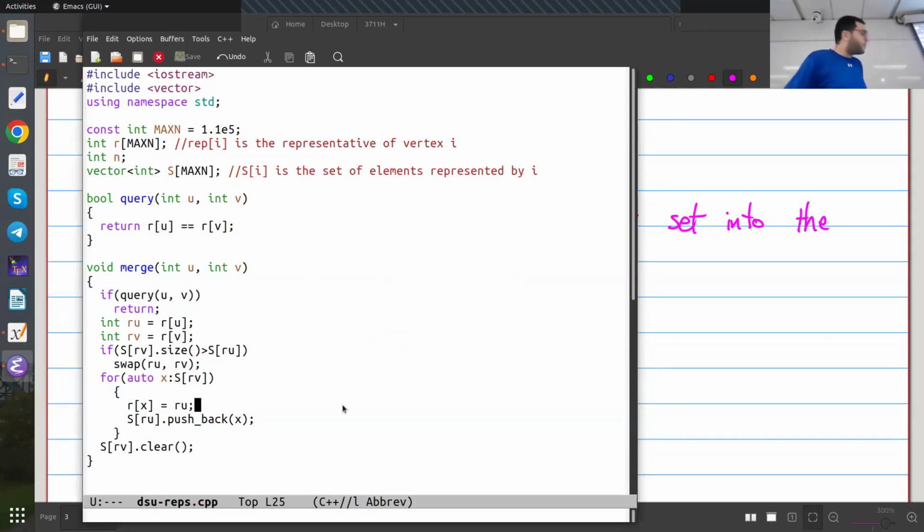It's this part, right? It's basically changing the representatives. So if I can just find the bound on how many times the representatives of some item changes, I have a bound on the overall runtime of all of my merges, right? So instead of just looking at one merge operation, I'm going to say, suppose you have given me many merge operations, and I'm just going to look at one of my items. I'm going to look at X. And I'm going to ask how many times does the representative of X change?